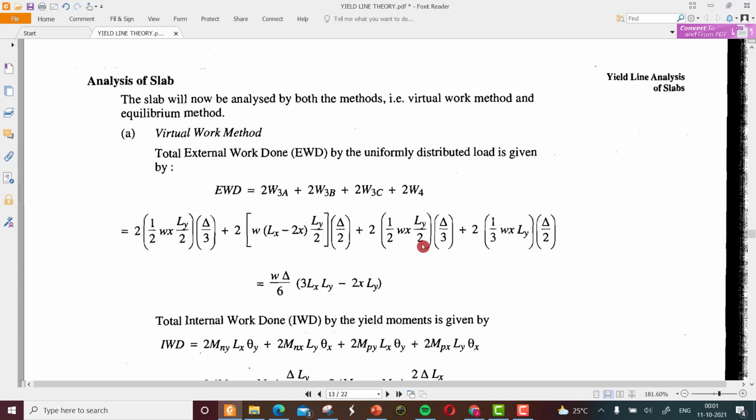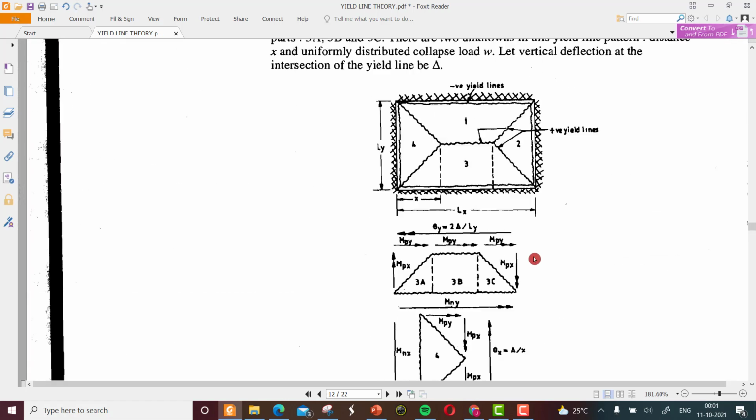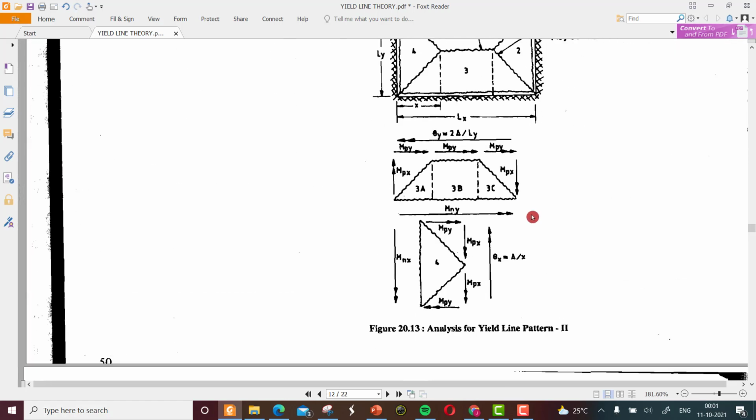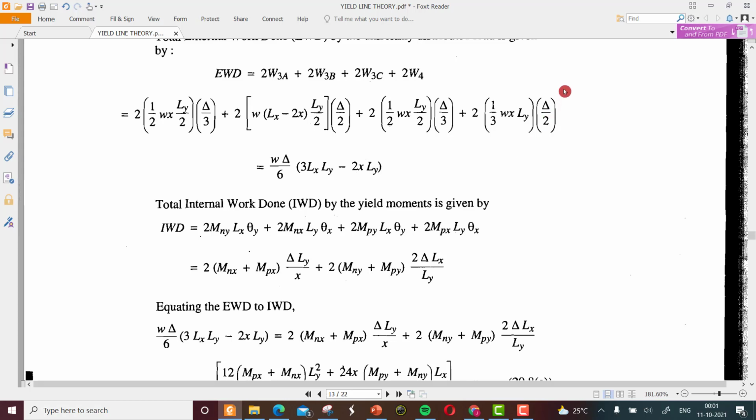Then again the repetition of the first, so W3A is equal to W3C, plus the load of W4, 2 into 1 by third. The area of this triangle and the corresponding centroid delta by 2 will give you W into delta by 6 into 3Lx into Ly minus 2x into Ly.